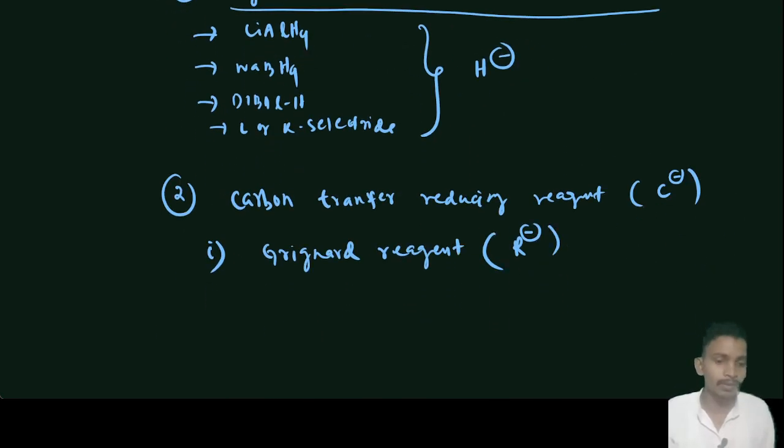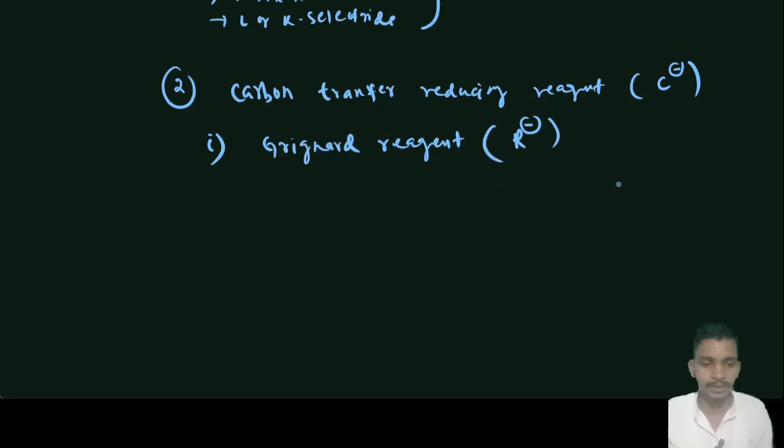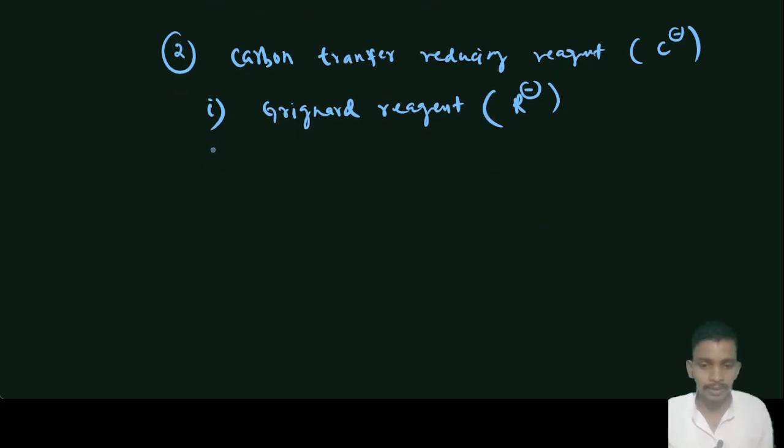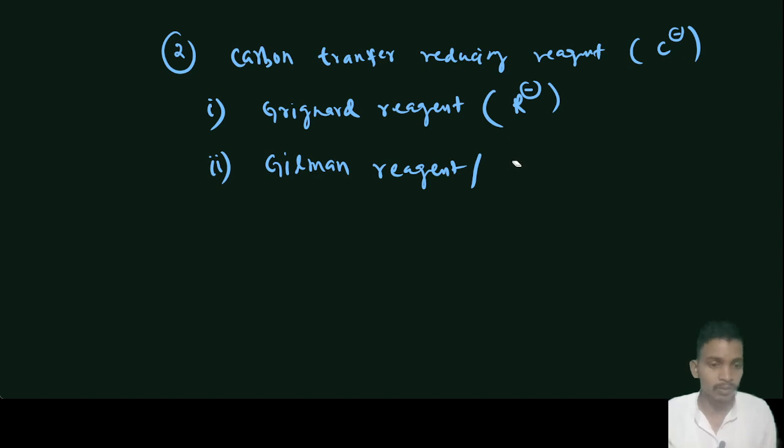Now, besides Grignard reagents, today I'm going to discuss Gilman reagents. This one is also called organocuprate reagents.